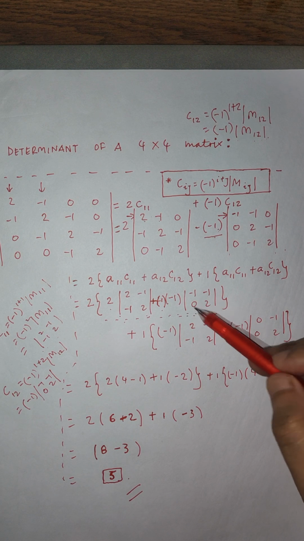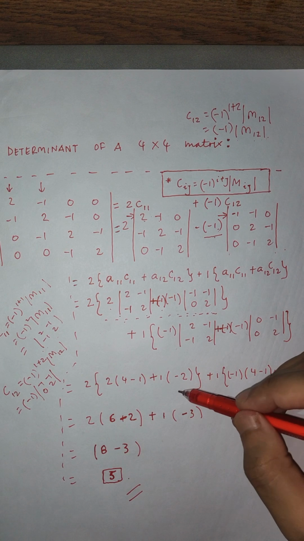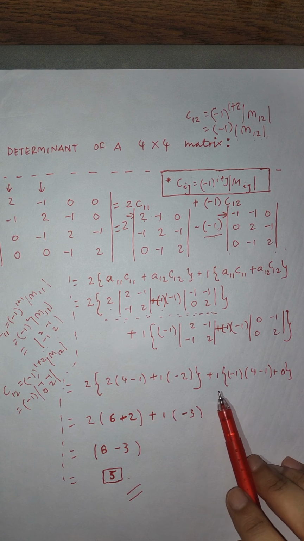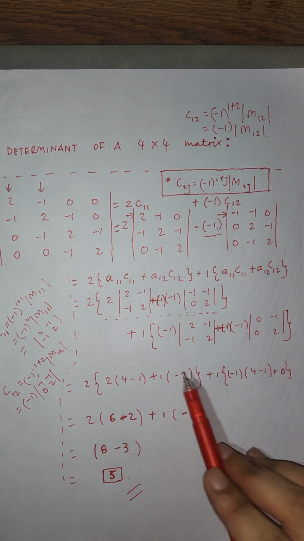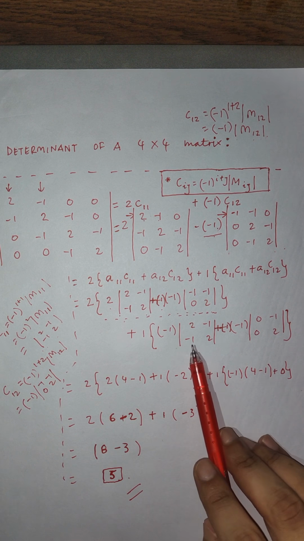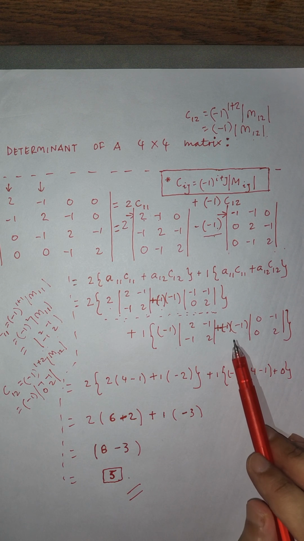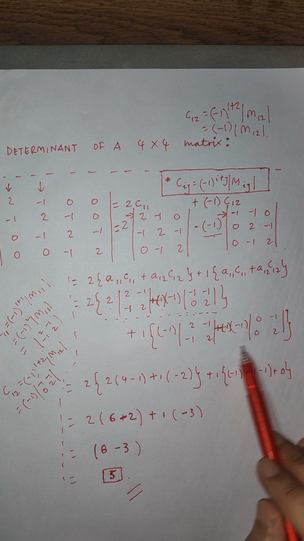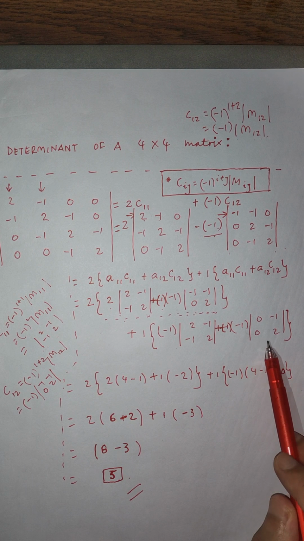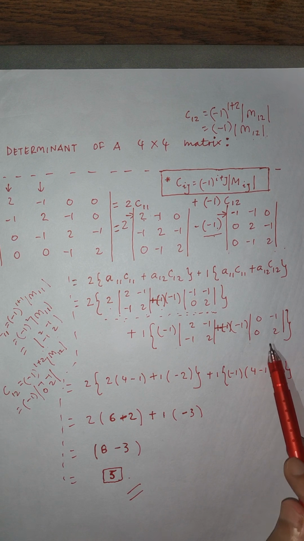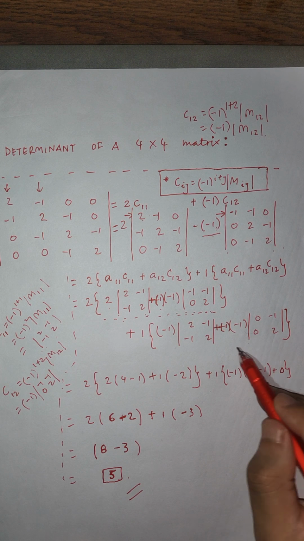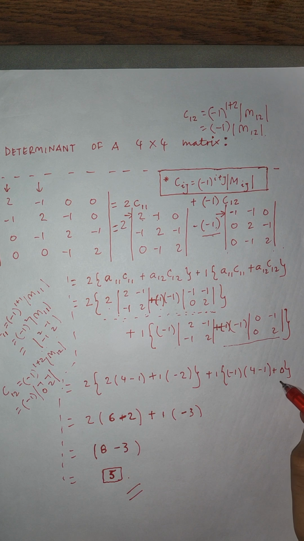Determinant of this 2 by 2 matrix is negative 2, plus 1, we have this one right here, and then inside negative 1 multiplied by the determinant of this 2 by 2 matrix, plus this will turn out to be 0 anyway, because the determinant of this 2 by 2 matrix is just 0. So this whole thing becomes 0.